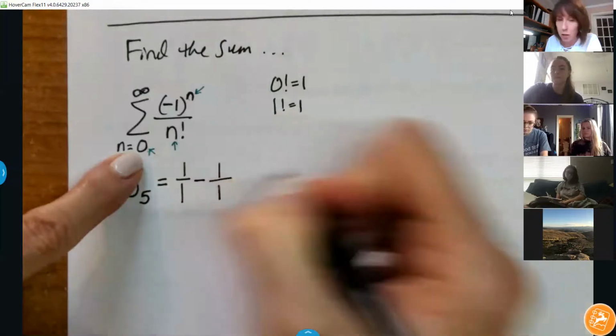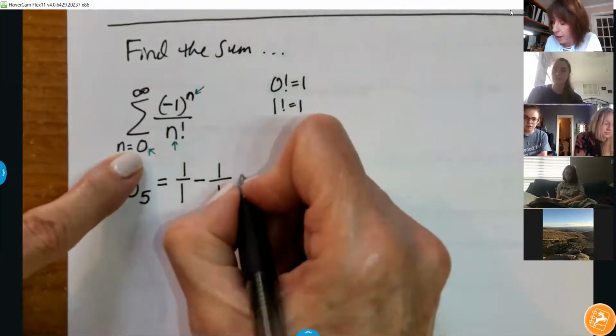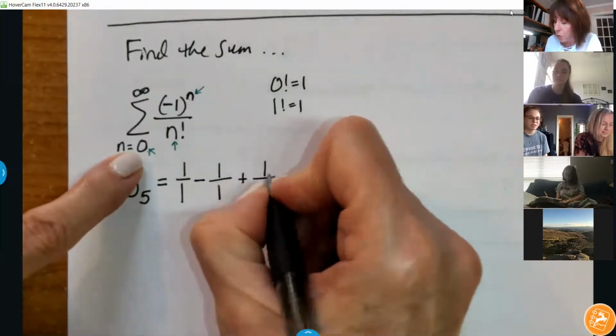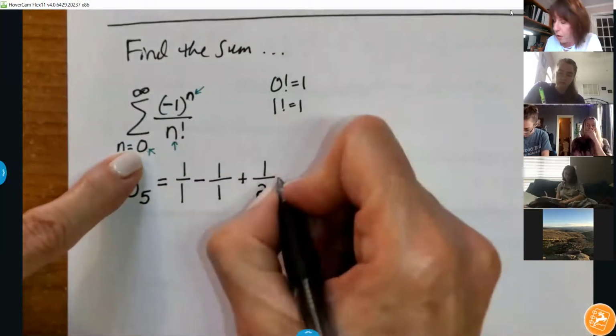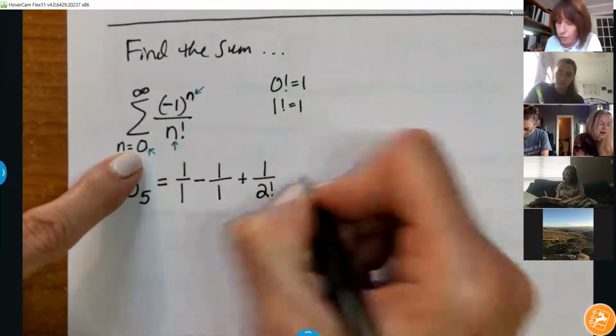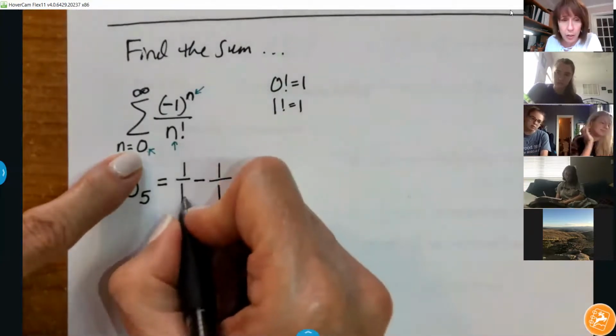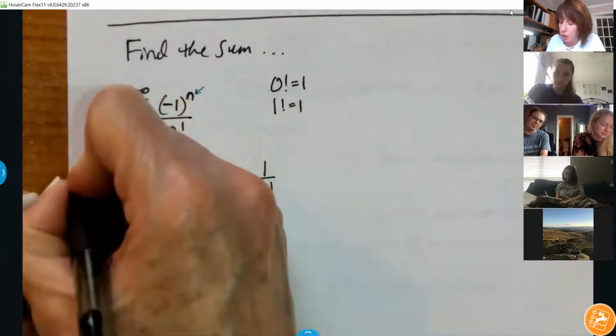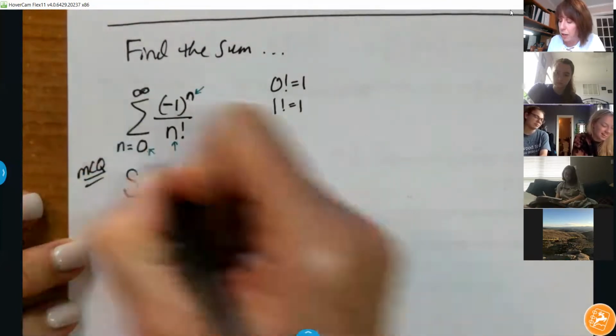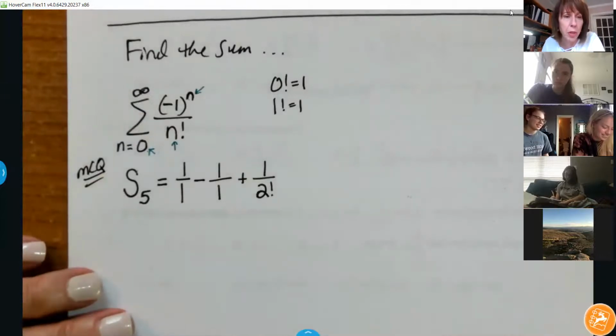Well, 1 factorial is also 1. The next term will be positive. 1 over 2 factorial, which is 2. Or we could just write 2 factorial. That's fine. You could write 0 factorial here and 1 factorial if it's an FRQ. These will be multiple choice on the test. So I'm going to go ahead and show it in that way.